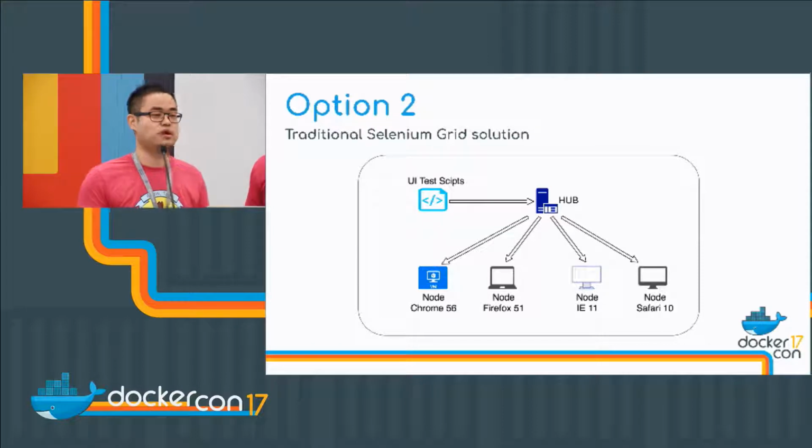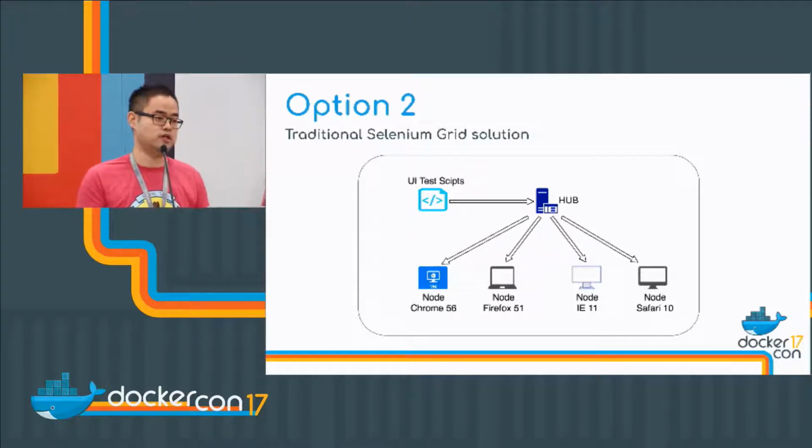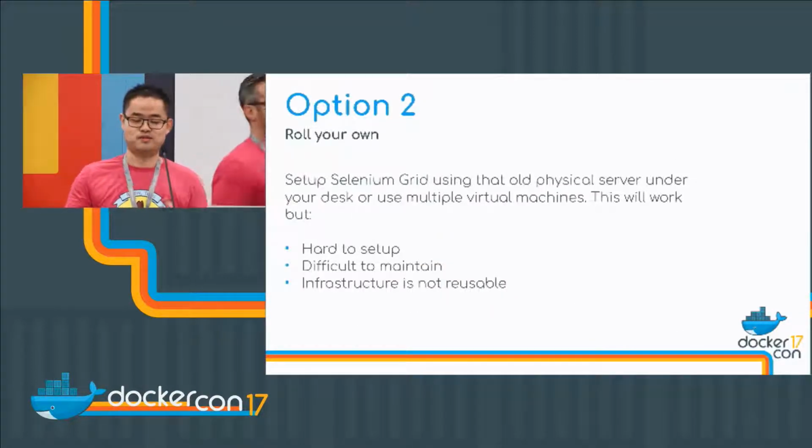And I also need to manage all these machines and connectivity of the entire grid. That can be non-trivial work on a daily basis. And too bad, other teams cannot really easily replicate my setup without going through the entire process again.